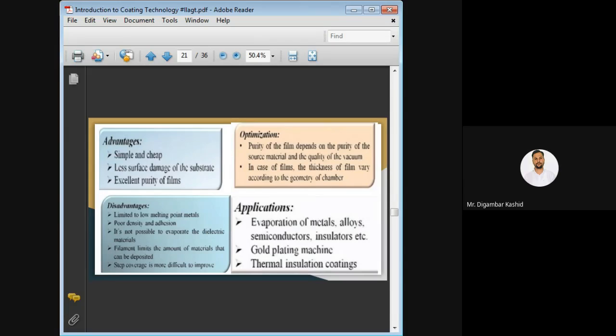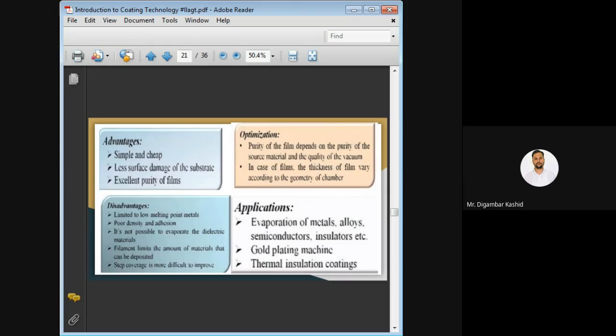Because it depends upon the vacuum. If the sample size is more, then automatically the chamber size will be more, and accordingly, because we need a certain constant vacuum for doing this kind of modification, that modification will depend on the vacuum also.